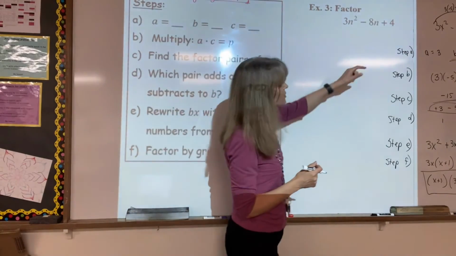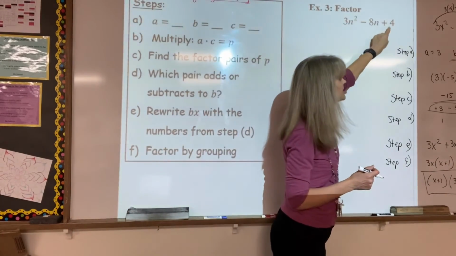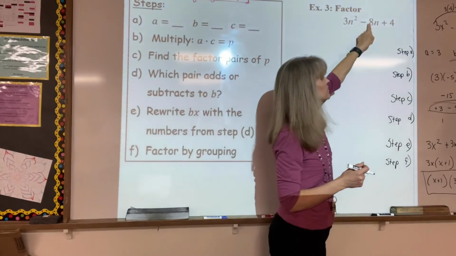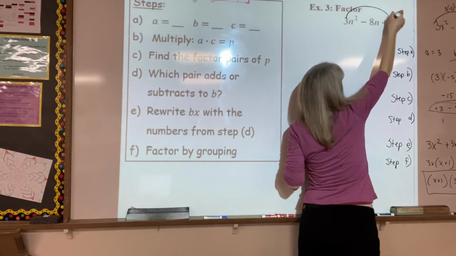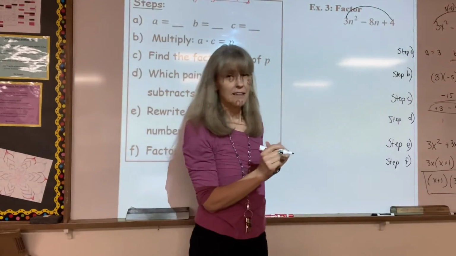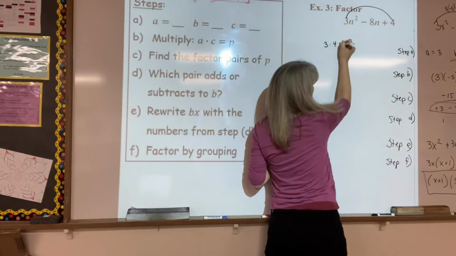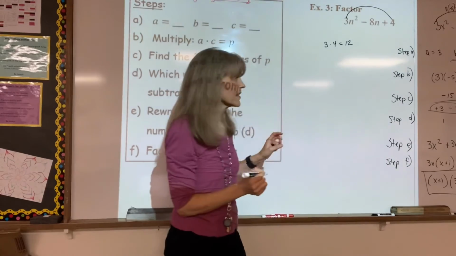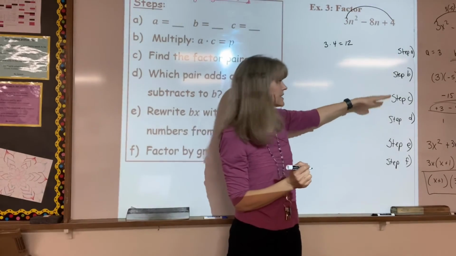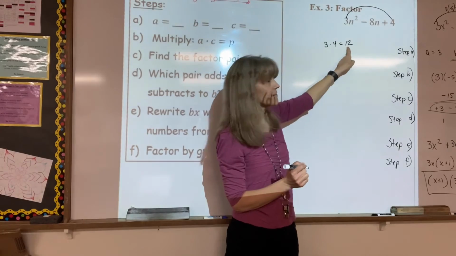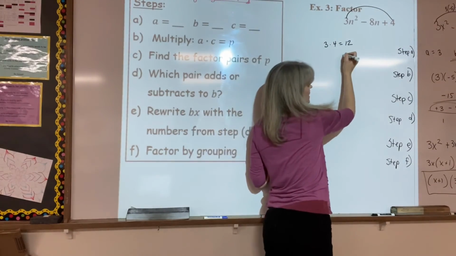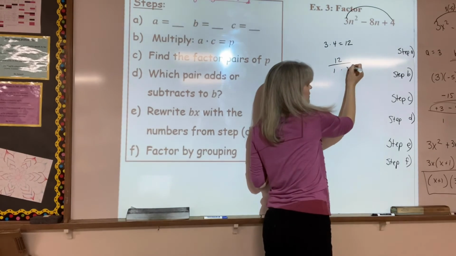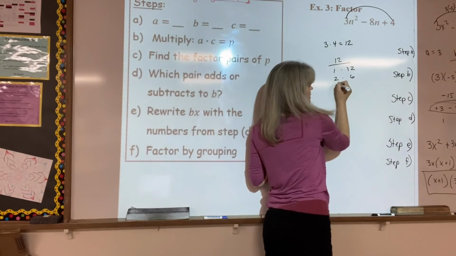So, first step we would do are A, B, and C. 3 is A, B is negative 8, C is 4. Then we're going to multiply A times C. 3 times 4 equals 12. That was step B. Step C, we're going to find the factors of 12. What numbers can I multiply to get 12? 1 times 12, 2 times 6, 3 times 4.